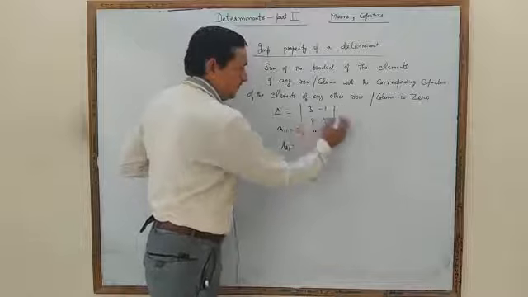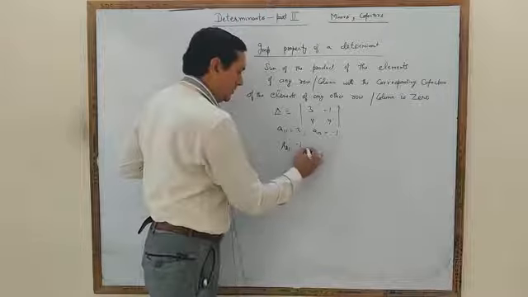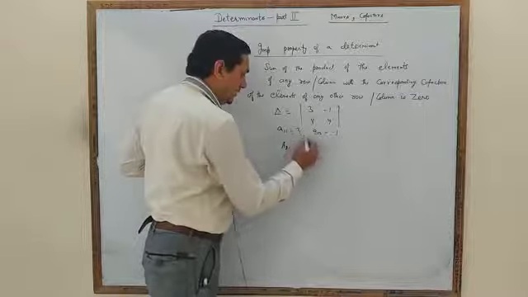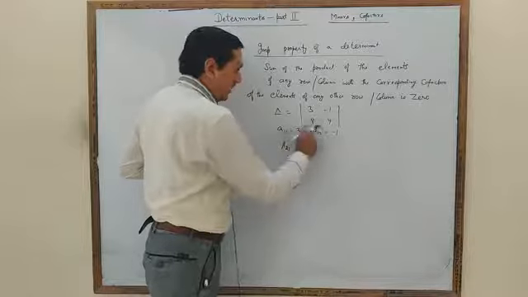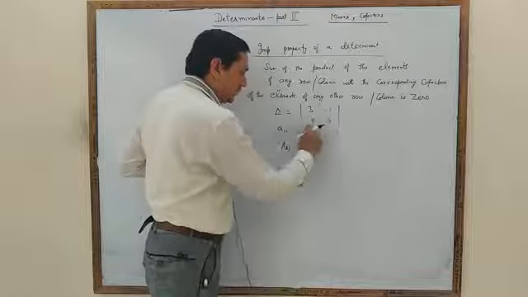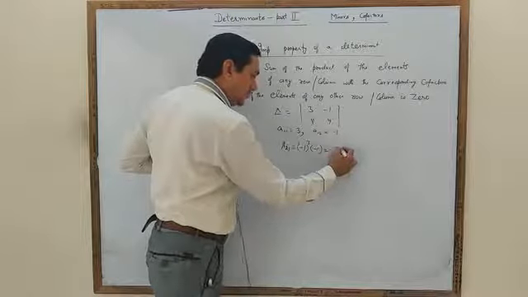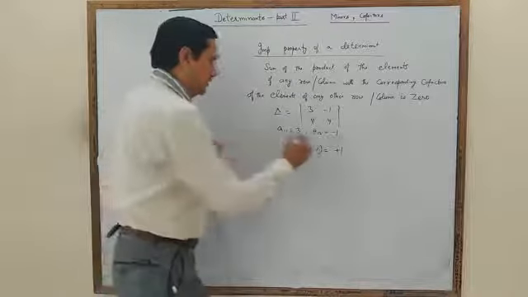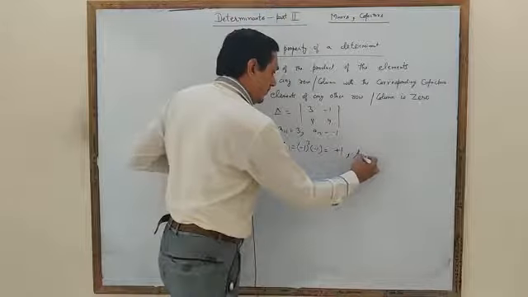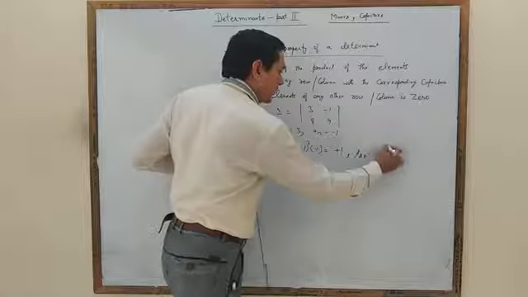Delete it, we are having -1. -1 raised to the power 3 first of all, and then delete second row, first column, which is also -1. It is plus 1. A22: -1 raised to the power 4.